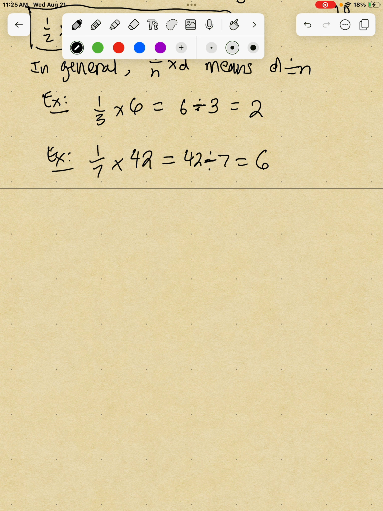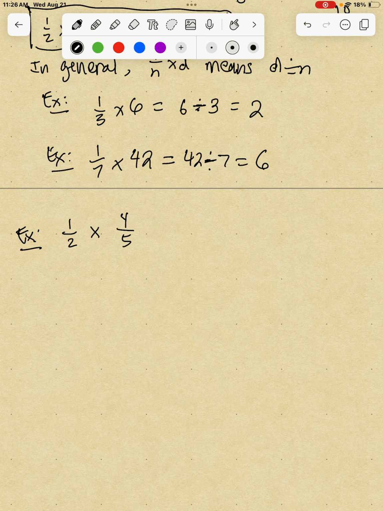Now let's talk about taking something like 1/2 times a fraction. So let's say that you had 4/5. Now we need to say what this means. And again, what this means is you take 4/5, you divide it into 2 equal pieces.